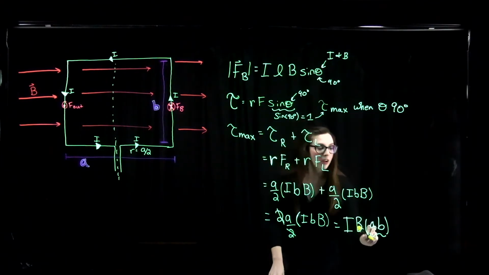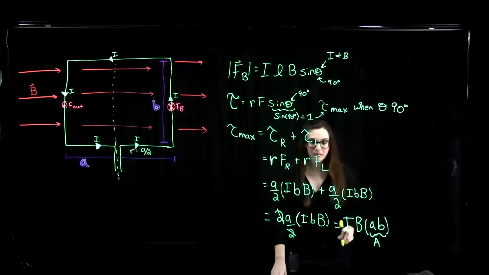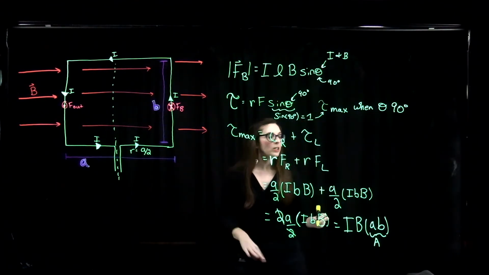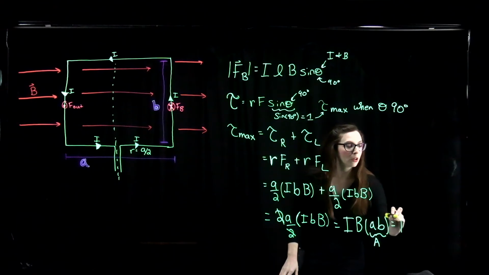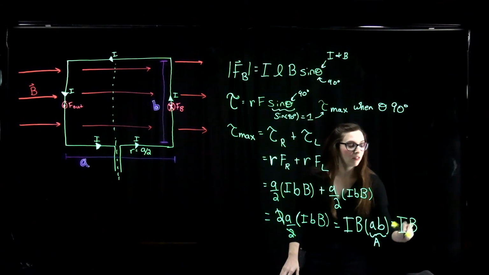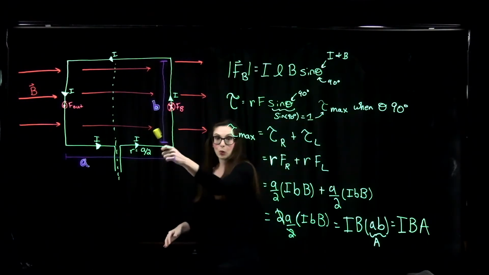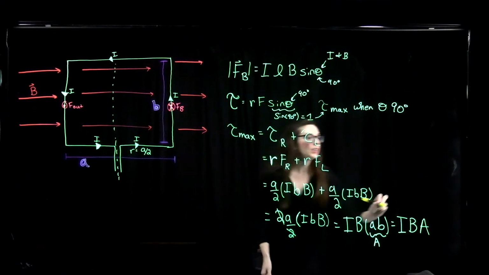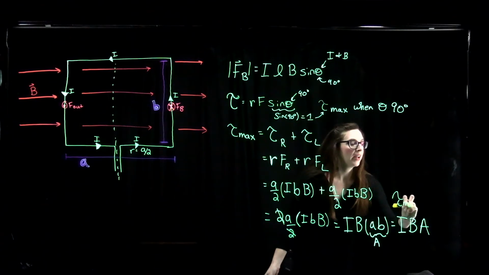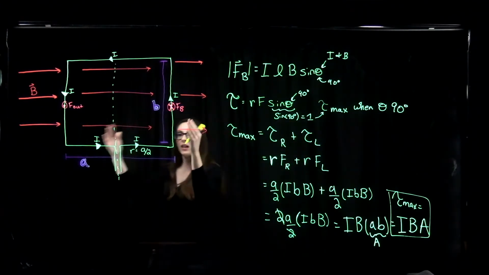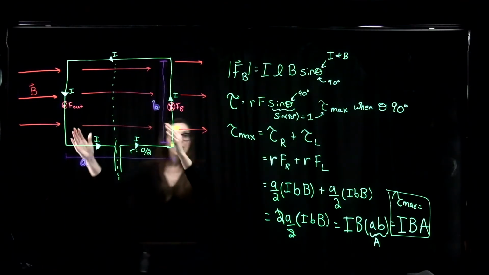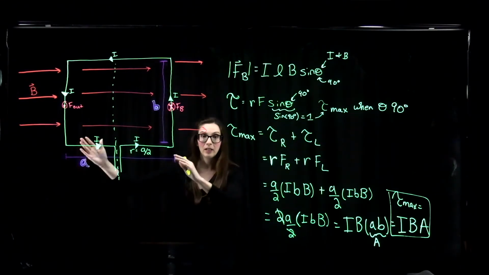That's an area. So this is giving me the area of my loop. So the maximum torque I can achieve is the current times the magnetic field times the area of this loop. That is my maximum torque in this particular setup, which happens at this instant of time that I have depicted on the whiteboard.